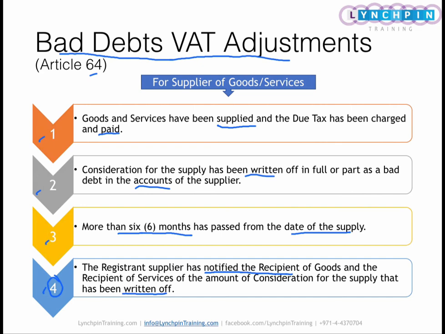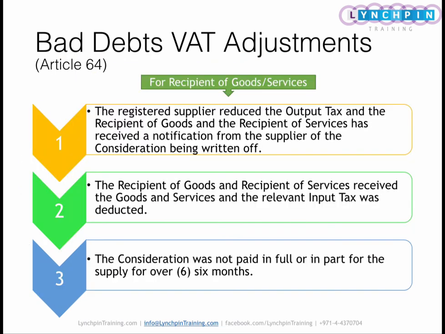So in that case, maybe if I'm your client, I'll be sending you a thank you letter for this, but I'm sure that you will only be claiming it back in case you are fully certain that you won't be getting your money back. So all these 4 conditions have to be in place before you adjust your output VAT on account of bad debt itself.